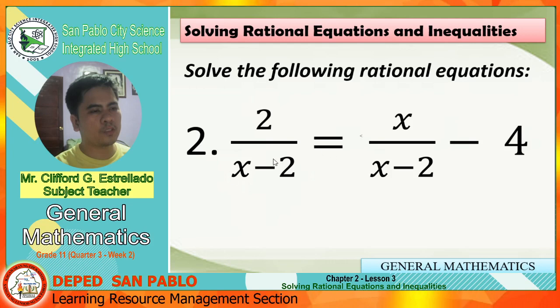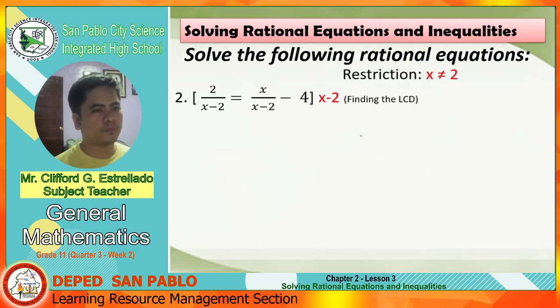Therefore, our restriction is that x should not be equal to positive 2, because if x becomes positive 2, we will have an undefined equation. Okay, so meaning 2 is not a part of our solution.